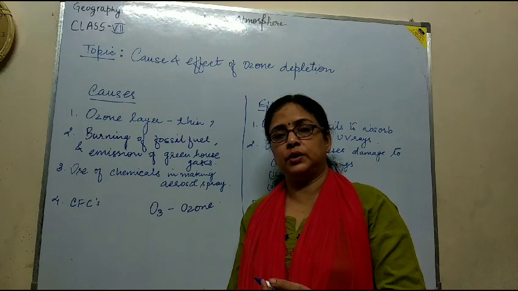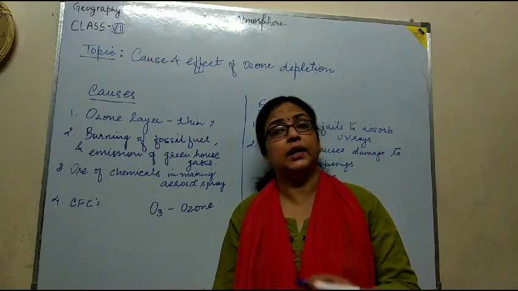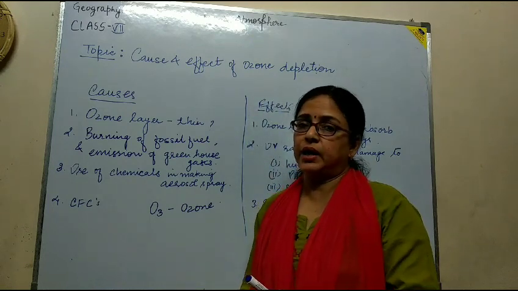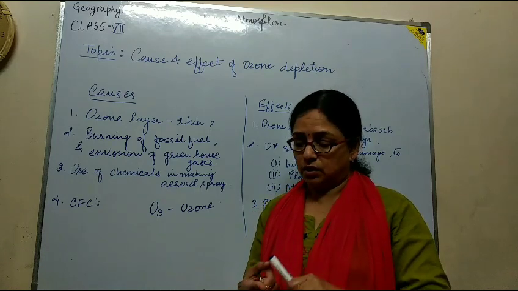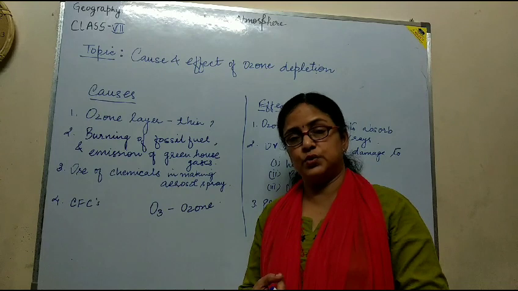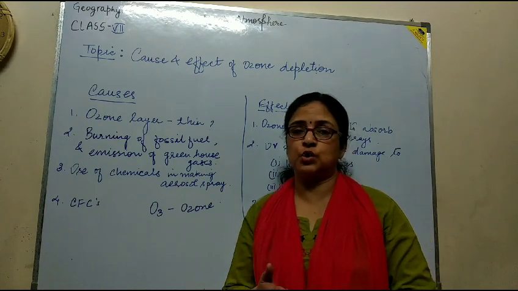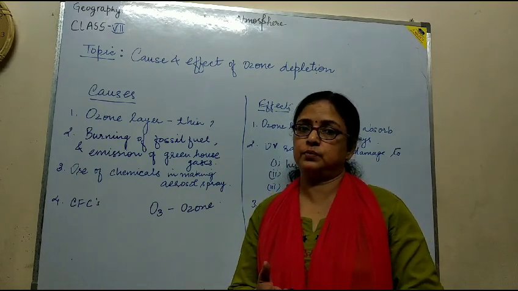Where in the atmosphere? As we already studied, our atmosphere consists of 5 different layers: troposphere, stratosphere, mesosphere, thermosphere, and exosphere.